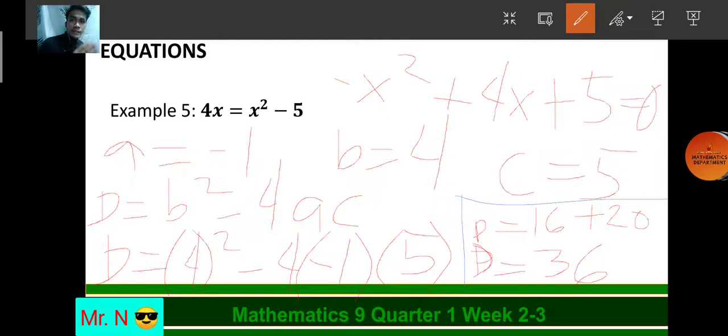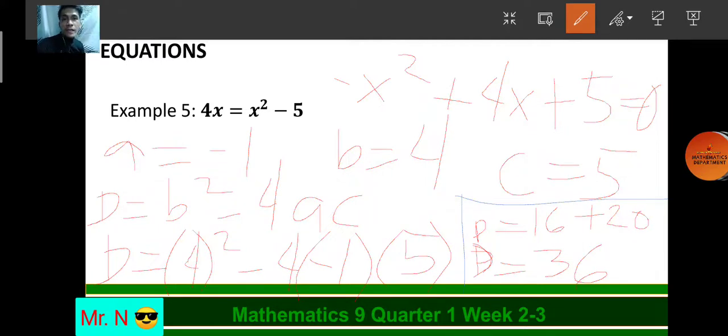Now let's see kung ito ba ay perfect square or not. Is 36 a perfect square? The answer is it is a perfect square because the square root of 36 is 6. So dahil dyan, the discriminant is greater than 0 and a perfect square.